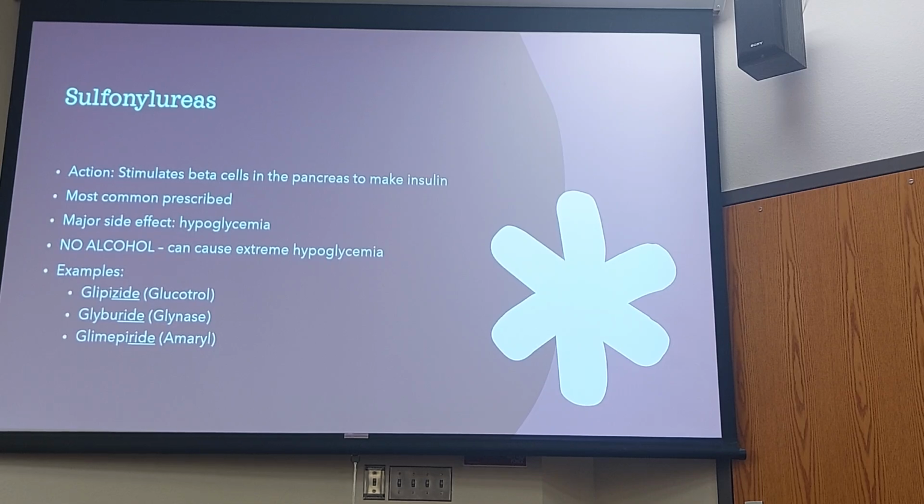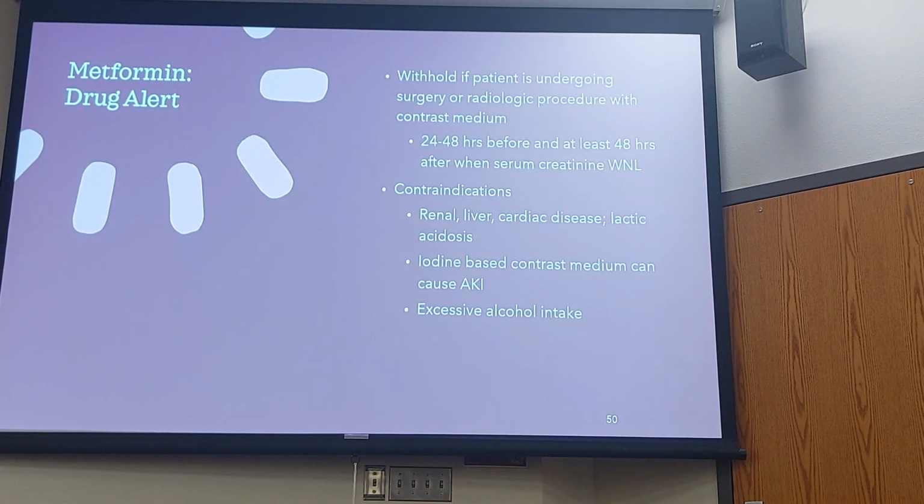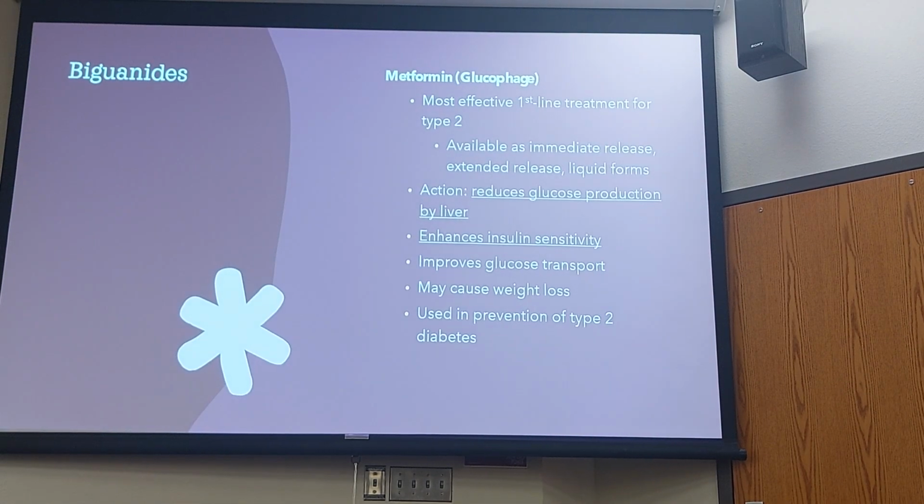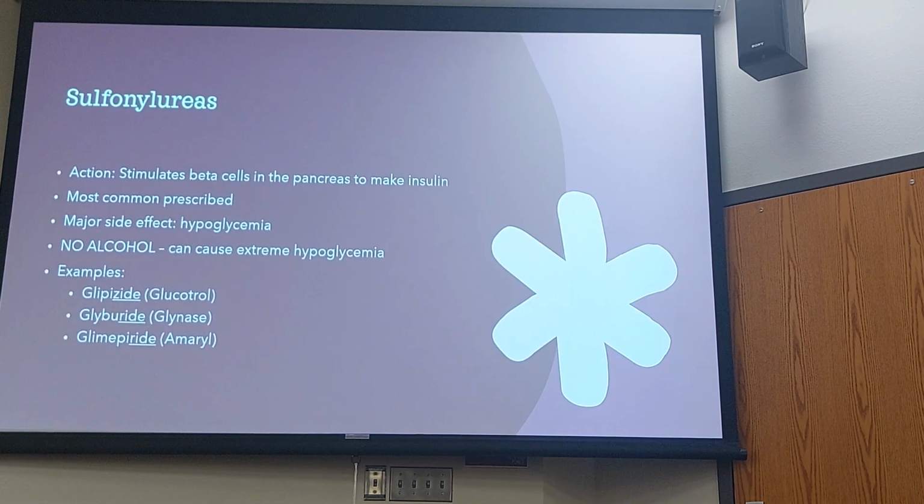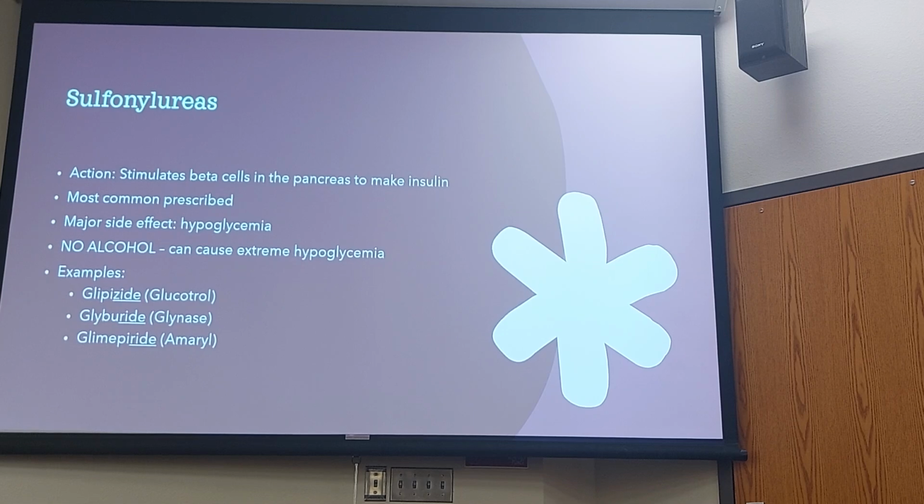Yeah, this is the most commonly prescribed. So your metformin is your first line treatment or your pre-diabetic medication, but more commonly they'll have a sulfonylurea. So you've seen these too, right? You guys have given the Glucotrol, glipizide, in clinical.